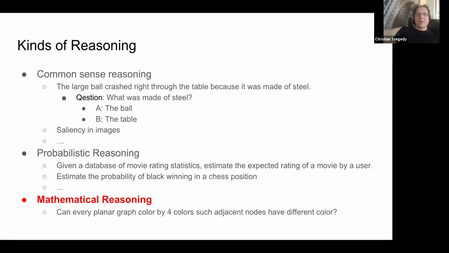What I talk about here is very different from the above two kinds of reasoning: it is mathematical reasoning. For example, if you ask whether every planar graph is four-colorable, then there is a definitive answer. And the question is whether you can prove this by creating a formal proof of it.